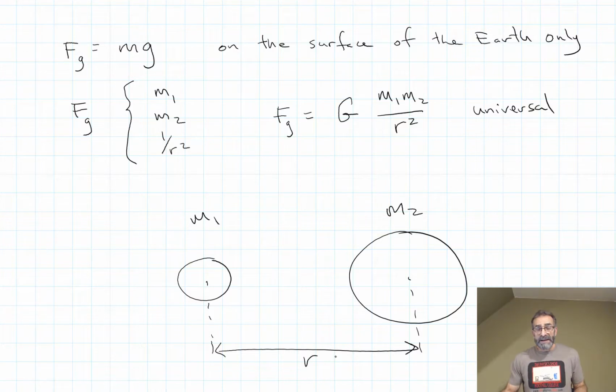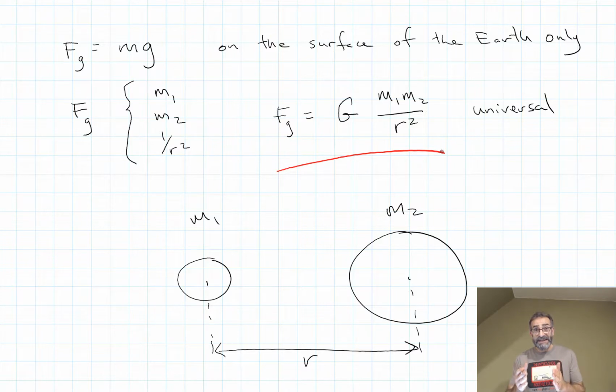Now, you might be thinking that if this universal equation works for any two masses, anywhere in the universe, then it should work for a mass sitting on the surface of the Earth and the Earth. So if m1 is a mass sitting on the surface of the Earth and m2 is the Earth, what would r be? The distance between their centers?